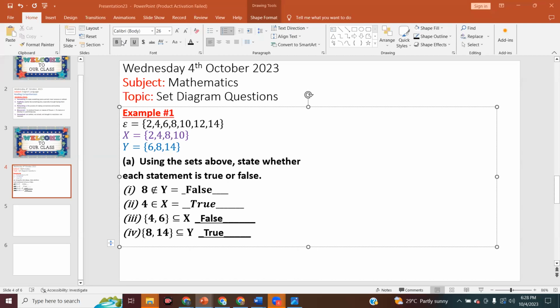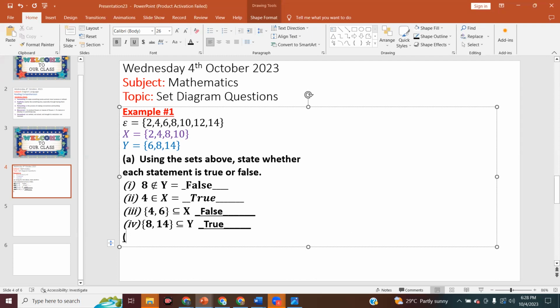Now, what they want us to do for the next portion, so we're going on to B now. For B, you have to be very careful.